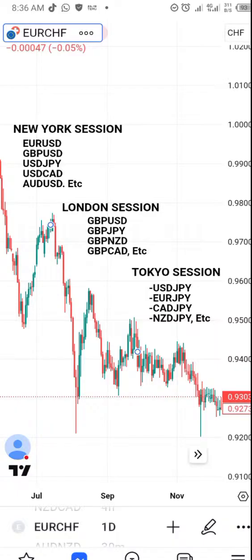Having known this session, the next thing is to know which currency to trade, and what you trade during this time is basically the euro pairs. So anything you're doing outside the euro pairs at that time, you are definitely trading amiss. You're just trading randomly.